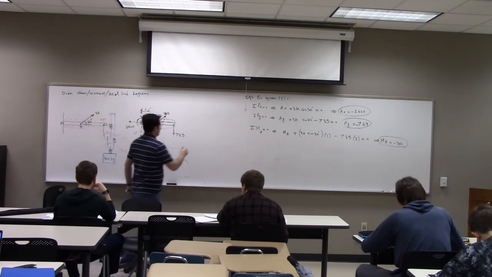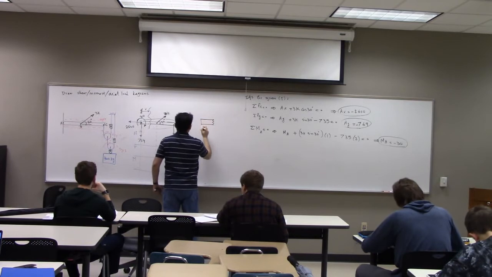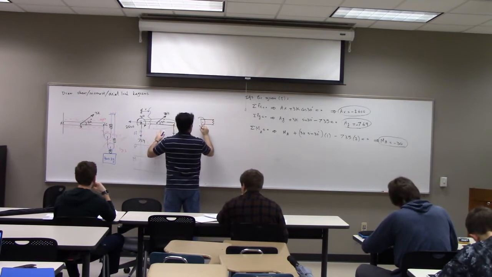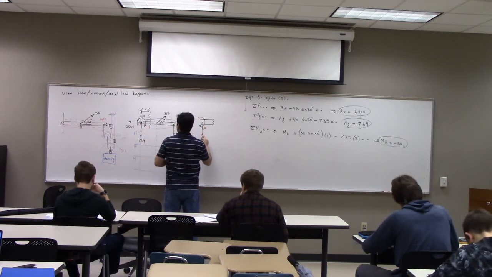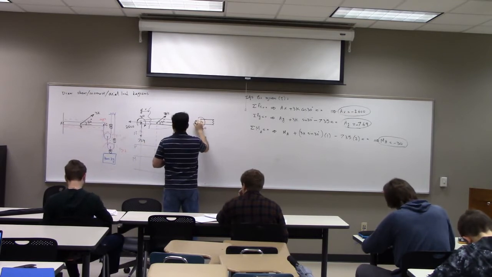What do I get? 30 already here, 764, 2,600.